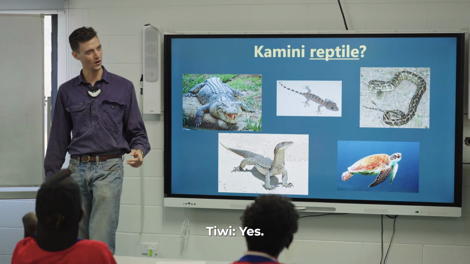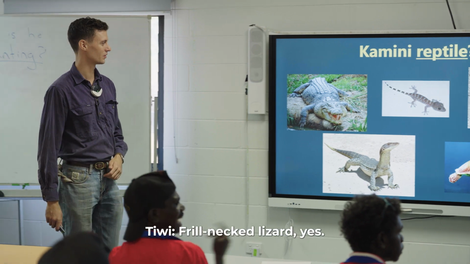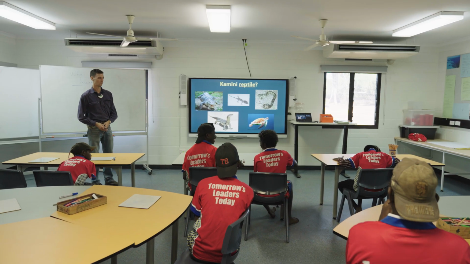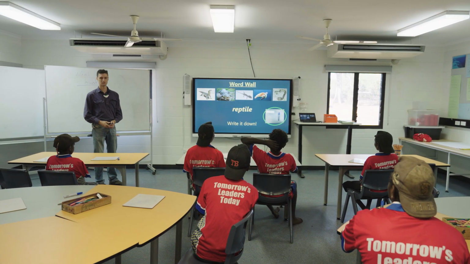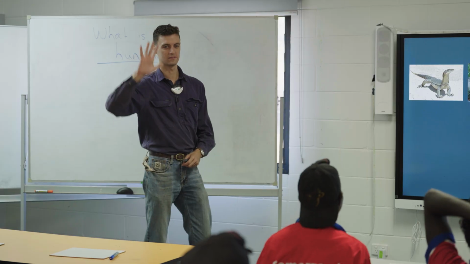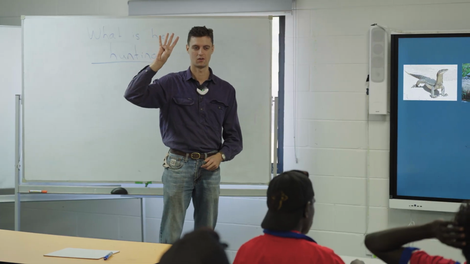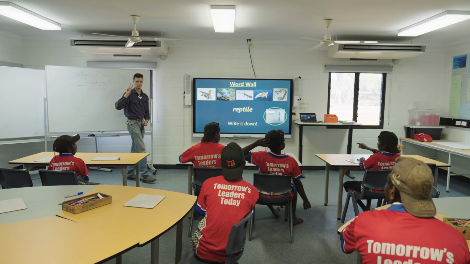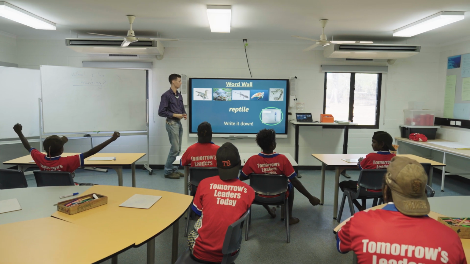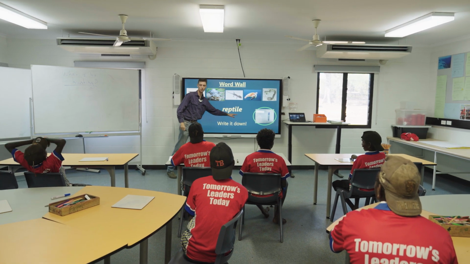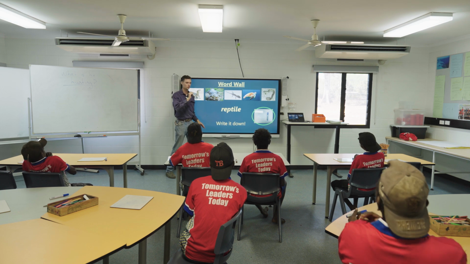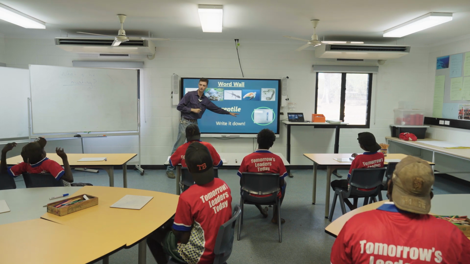Excellent. Good work. We're going to write this word up. Waiting. 5, 4, 3, 2, 1. Excellent. We're going to write this word down and put it on our word wall.